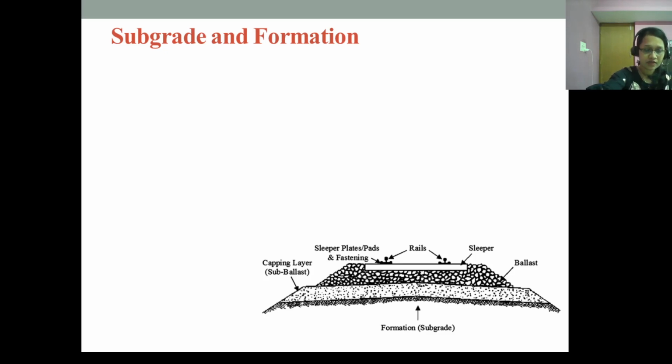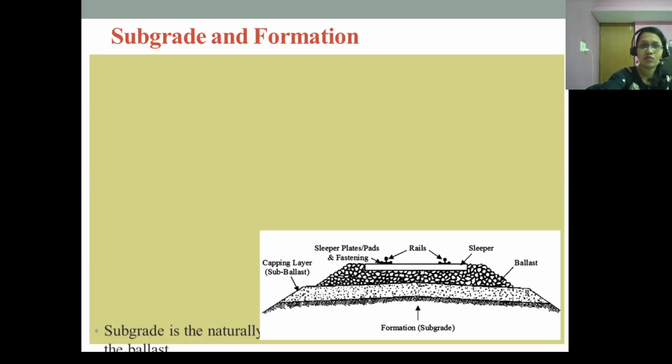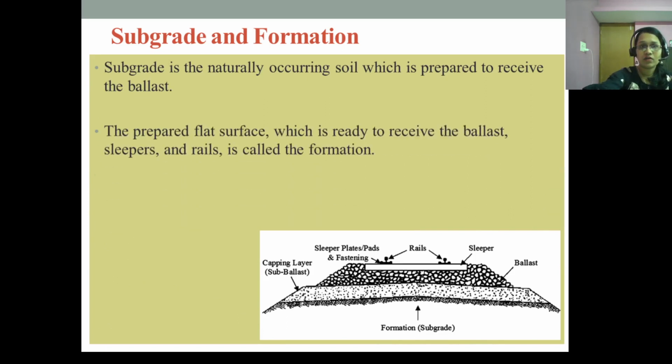Then coming to subgrade and formation, let us understand what subgrade and formation are. The subgrade is nothing but the naturally occurring soil which is prepared to receive the ballast. The selection of the soil for the subgrade is not entirely within the engineer's control.